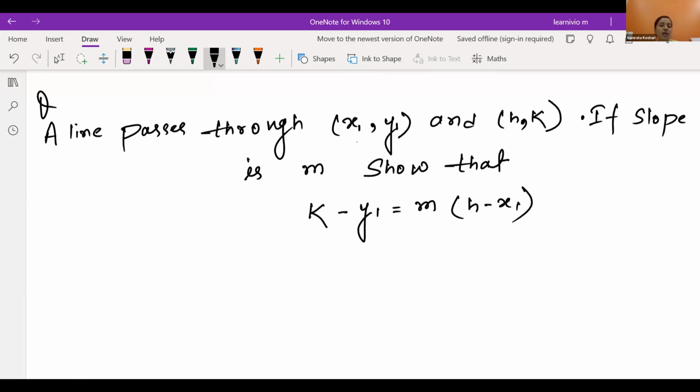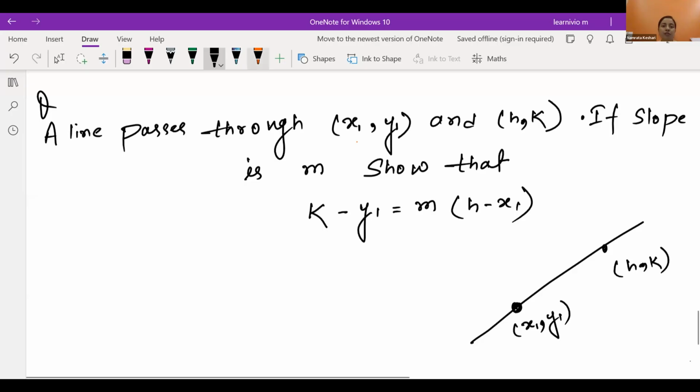If the slope is m, show that... So if a line is passing through these two points, one is x1 y1, another is h comma k, then for finding the slope, we can use the formula. We know slope is y2 minus y1 by x2 minus x1. Yes or no? Yes, ma'am.